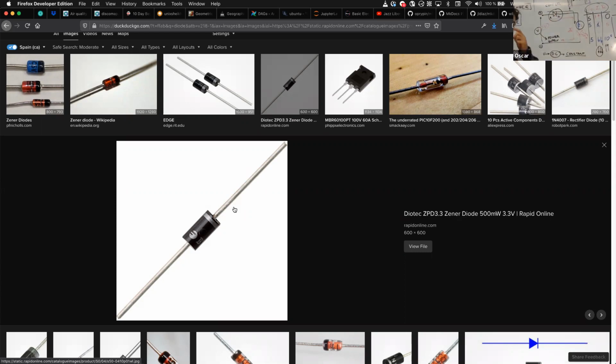Also, let's try to answer these questions. What happens if I put it like this? What happens if I put it like this, with the resistor? Does it stop or not?